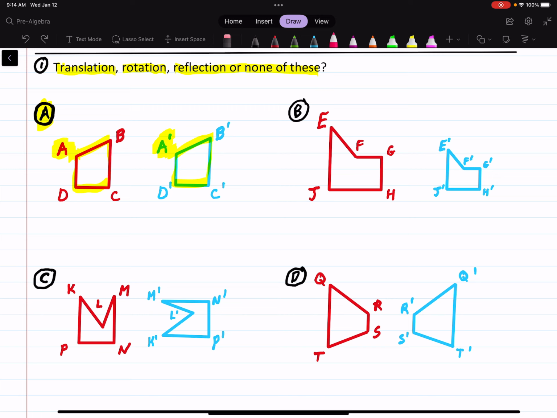So it started at A, ended at A prime. And you can see that B ends at B prime, C ends at C prime, and D ends at D prime. So those are just the ways to talk about that little tick mark, that little apostrophe.